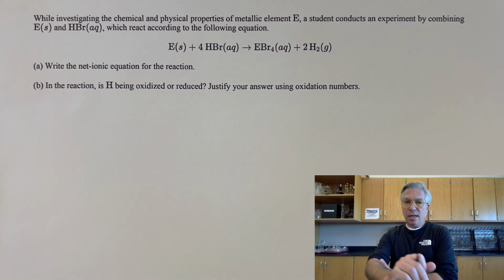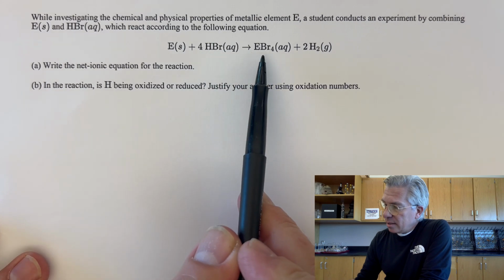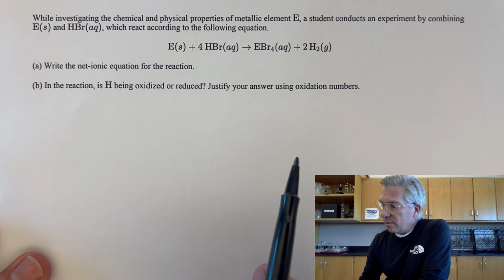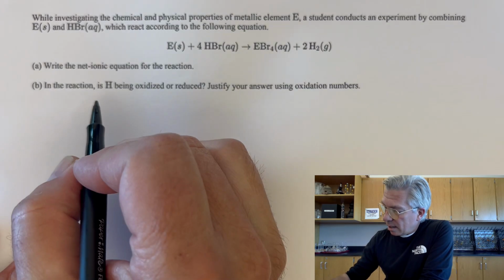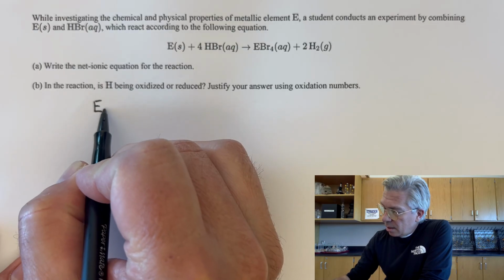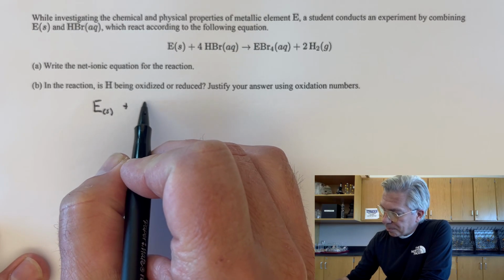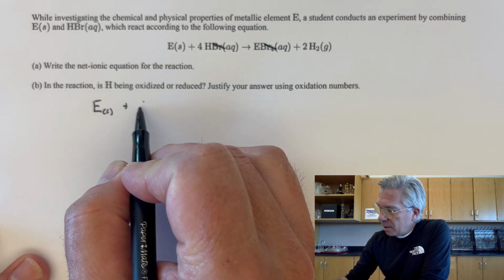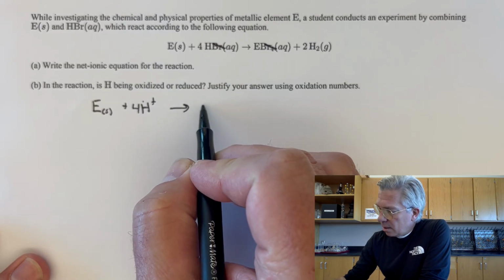This is part of a typical FRQ where we have element E, don't know what it is, reacting with an acid to produce EBr4 and some hydrogen. Write the net ionic equation for that reaction. We'll do this real quick. If you need to go back and review net ionic equations, it's at the beginning of unit 4. It turns out that the bromine is aqueous both before and after, so we get rid of that.